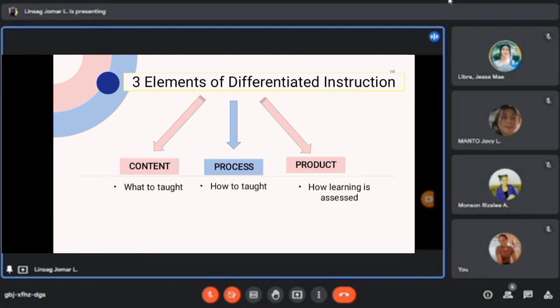Provide product assignments at varying degrees of complexity and difficulty to match students' readiness. Use a wide variety of assessments and work with students to develop rubrics that match and extend students' varied skills and levels.